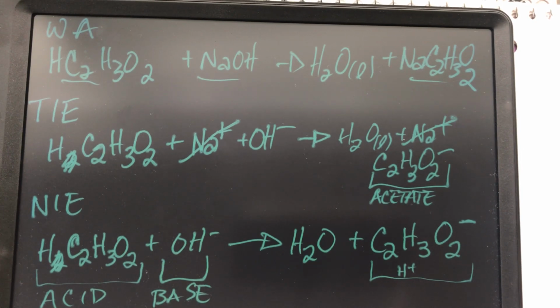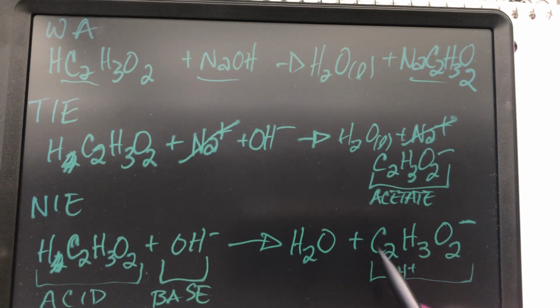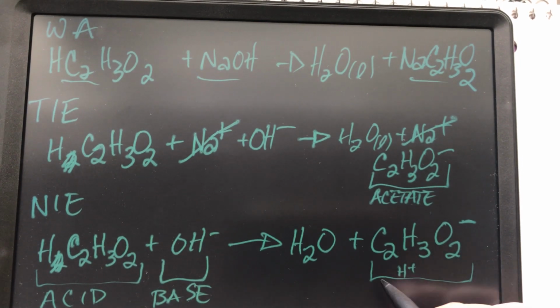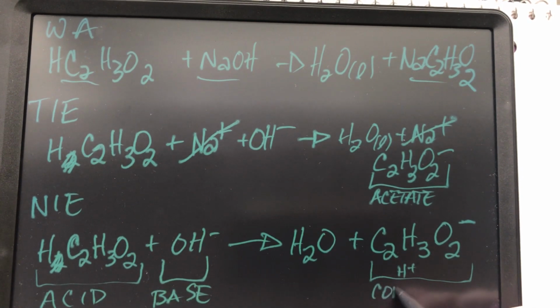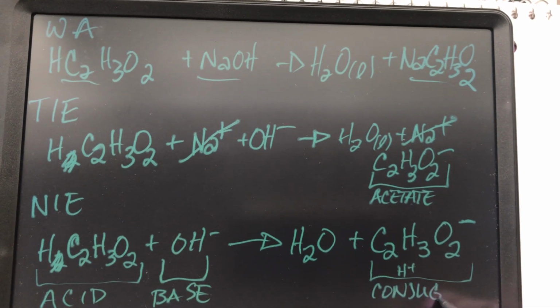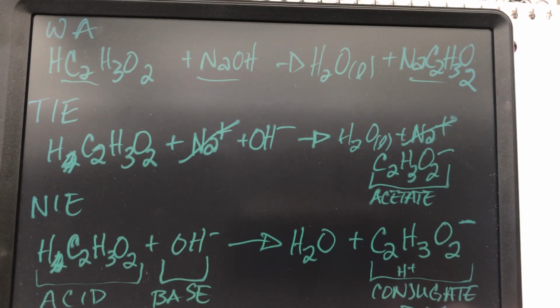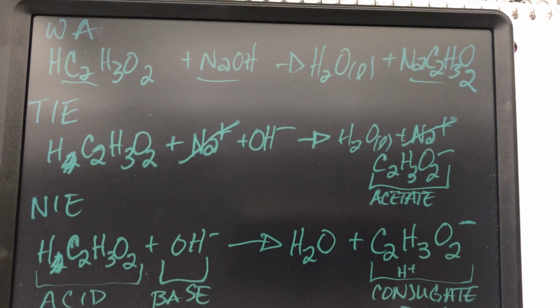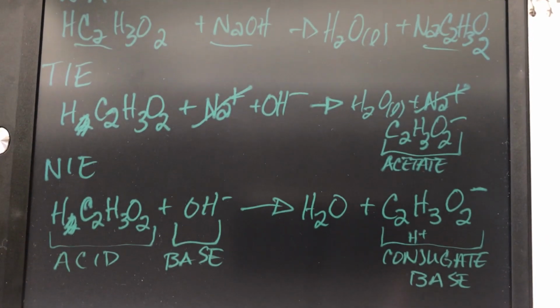So I think looking at the negative sign makes it a little bit easier to see that this negatively charged ion can totally hook up with this positively charged proton, right? If it can accept a proton, that means it must be the conjugate base. Sorry. Meow.